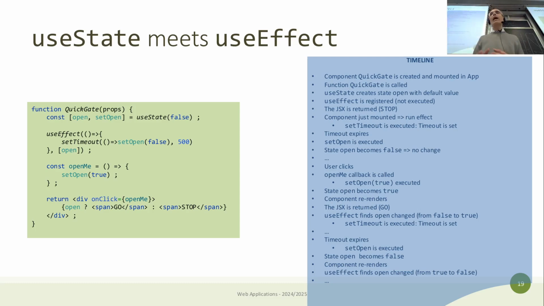So how do we implement something like this? Without the useEffect, you should write something like setTimeout here. Actually, you can do it without the useEffect, but more complex examples cannot be done.